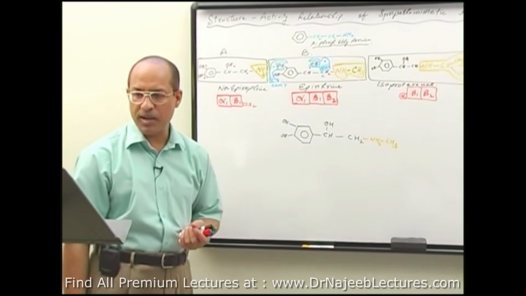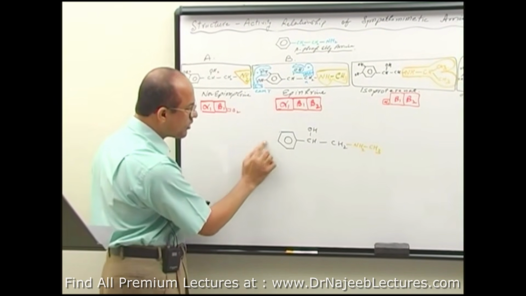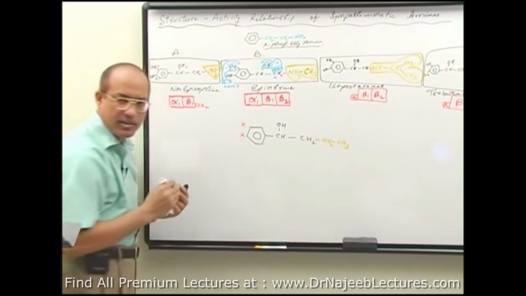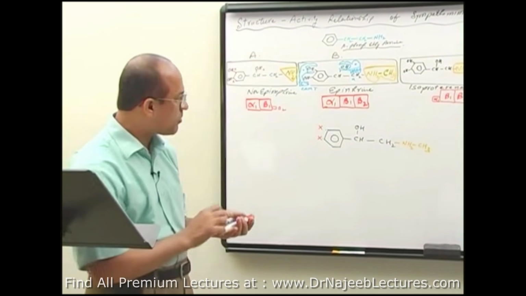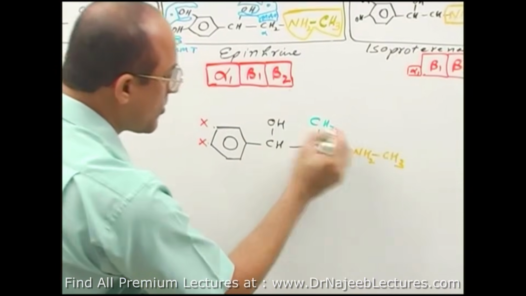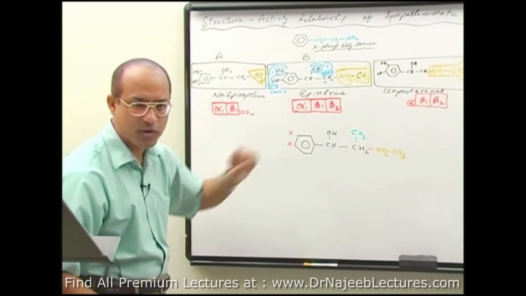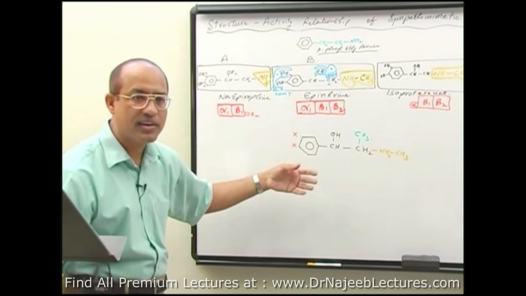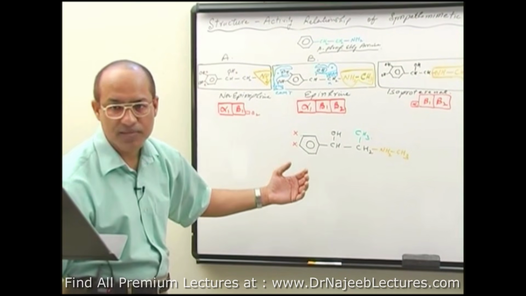And now what we do with epinephrine is knock off these two hydroxyls, remove these two hydroxyls, and add a methyl group here. Now we see this is a different compound and it will have different pharmacodynamics and different pharmacokinetic properties, right?